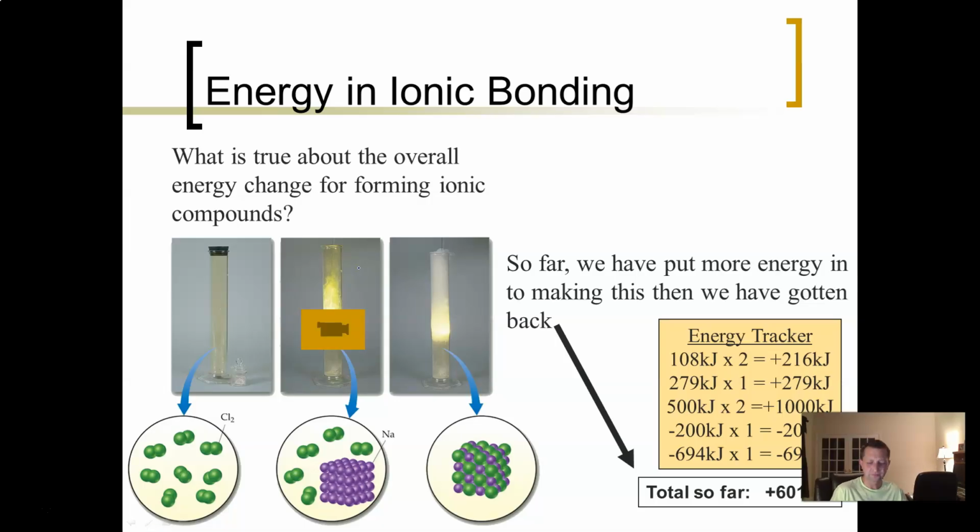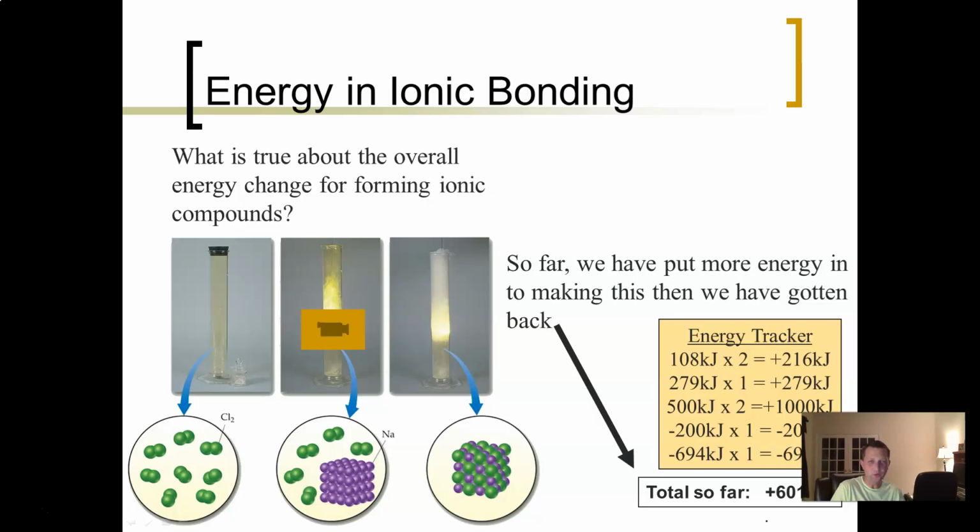Okay. So we saw that clip there. We saw a massive exothermic process, right? We saw a massive release of energy. Well, so far, this is not happening, right? So far, we have a total of 601 kilojoules going into it. So we have one step left in this process.